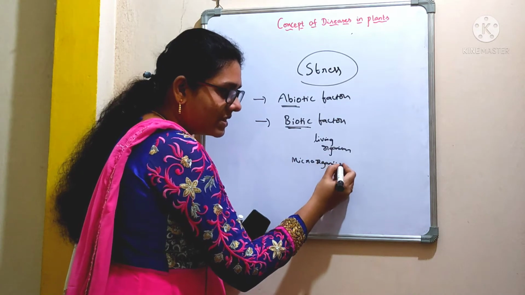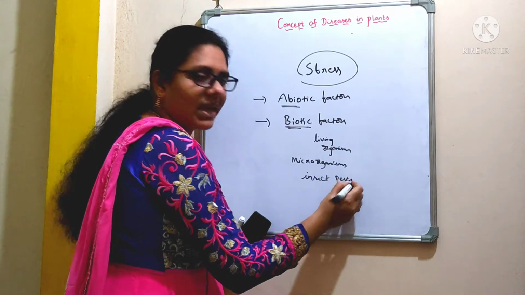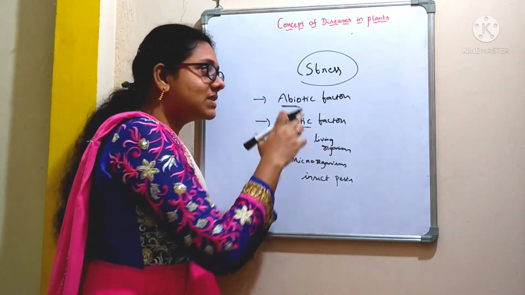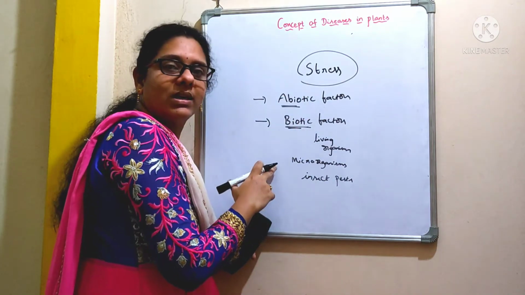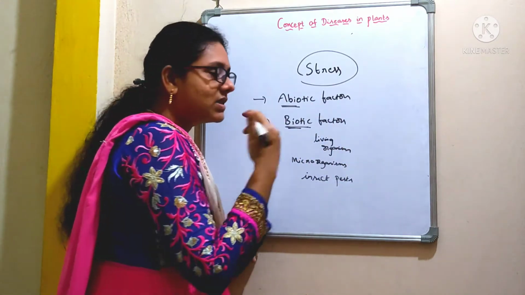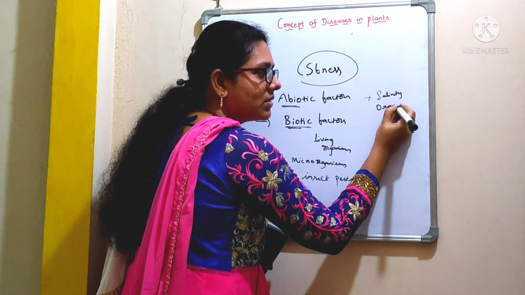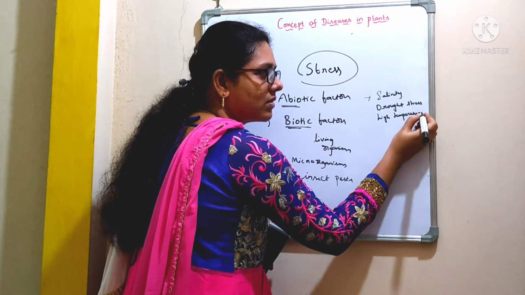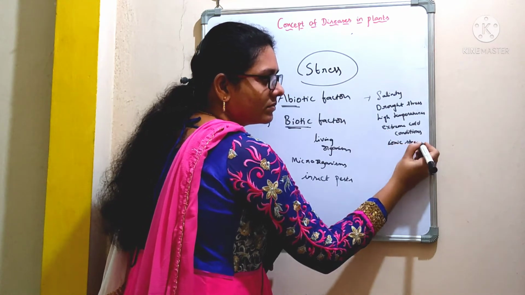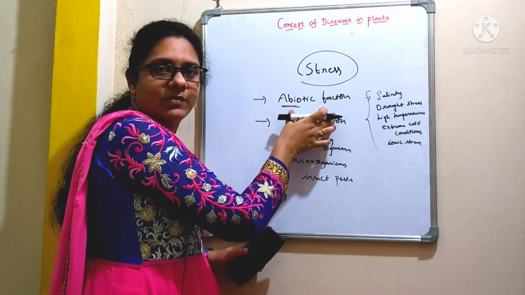We can include insect pests, etc. These are the living organisms which are responsible for causing stress in plants. When we come to the abiotic stress factors, here we can include salinity, drought stress, high temperatures, extreme cold conditions, ionic stress, etc. All these factors come under the abiotic stress factors.